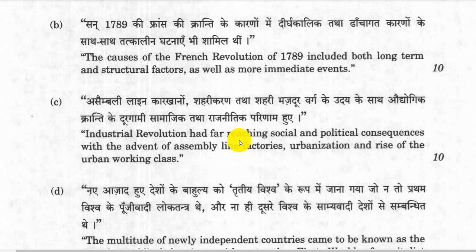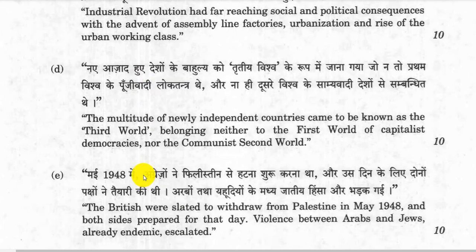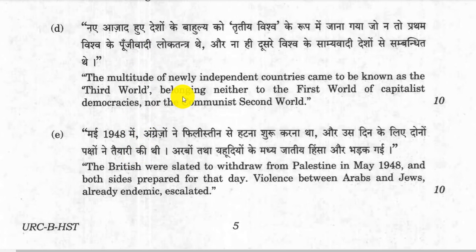The Industrial Revolution had far-reaching social and political consequences, with the advent of assembly line factories, urbanization and the rise of the urban working classes. The multitude of newly independent countries came to be known as the Third World, belonging neither to the first world of capitalist democracies nor the communist second world.